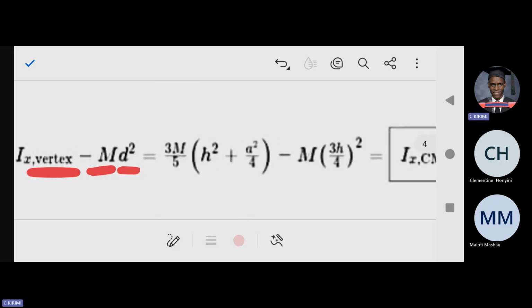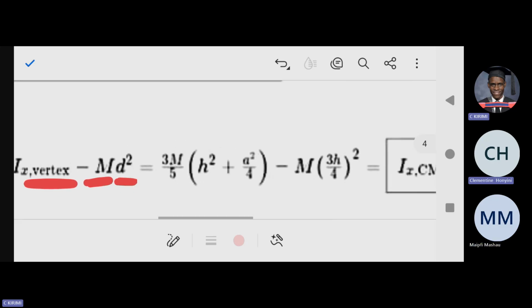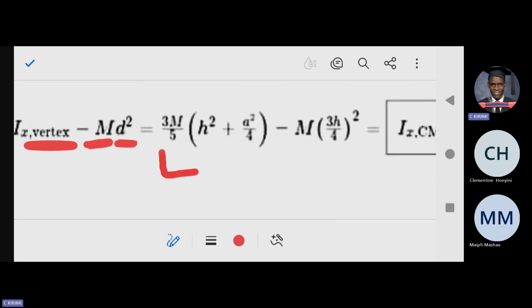All right. So we are going to take the moment of inertia along the X that we calculated, then subtract the mass and this d, which is being squared.